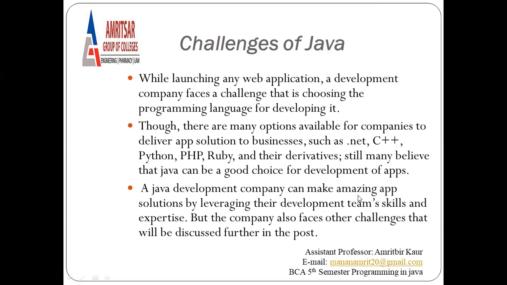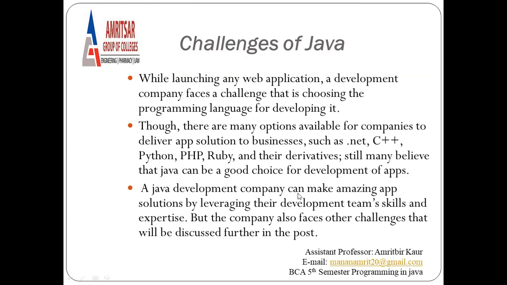When an app developer starts developing an application, the first step is to choose a programming language. In today's world, there are a number of programming languages like C++, .NET, Python, but most believe that Java is a good choice to make an application.